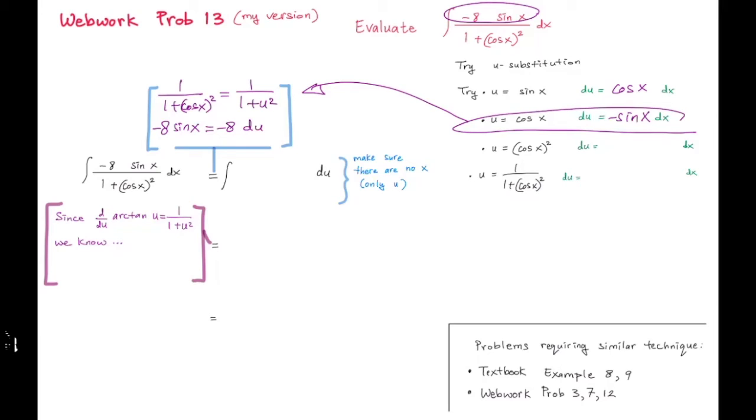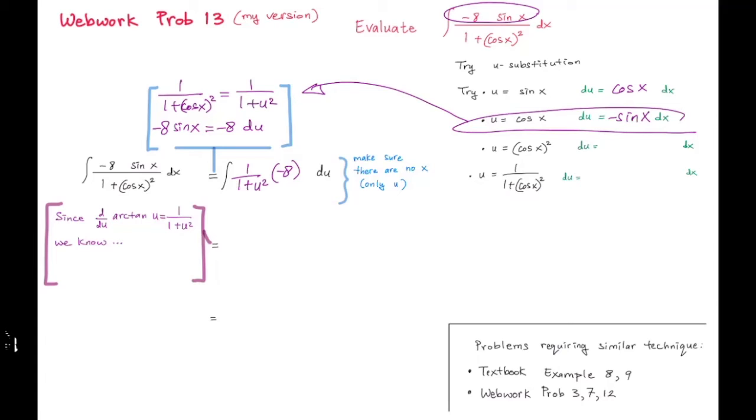So this is good. So this is one substitution that works. So let me do that. So now I have 1 over 1 plus u squared times negative 8 du. And let's just double check that there are no x. Everything is in terms of u. So that's good. If you have anything in terms of x, then you haven't done the u substitution correctly.